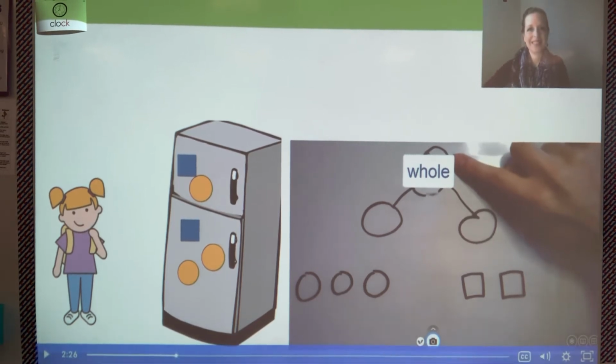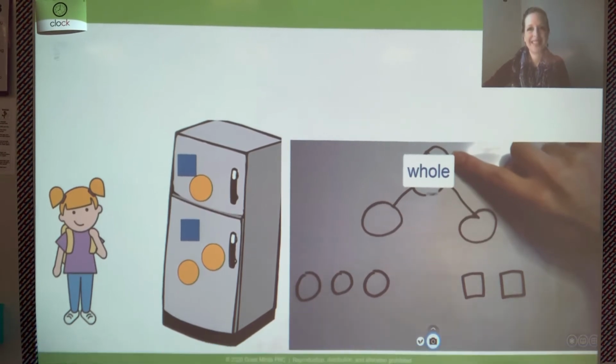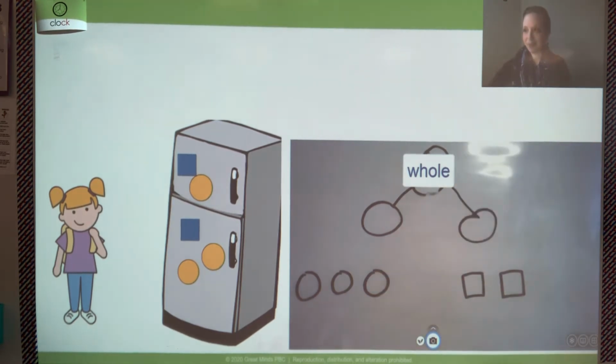Show with your fingers what number goes in the whole. Oh, I see some. Very good. That's right. 5 goes in the whole. Let's write it down.